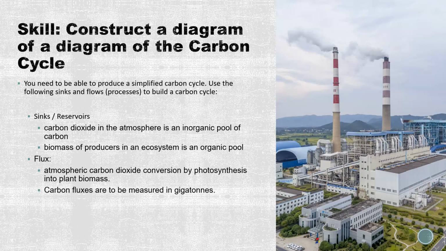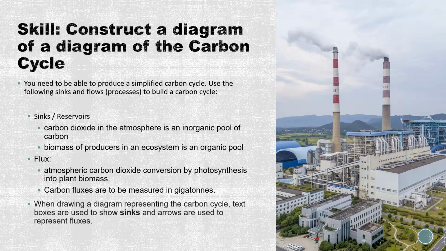Always remembering that carbon fluxes are measured in gigatons. Other fluxes you might have respiration. Okay, so that's that organic matter then being broken down and carbon dioxide being released. And we've looked at a whole range of sinks and fluxes through this PowerPoint that you would include.